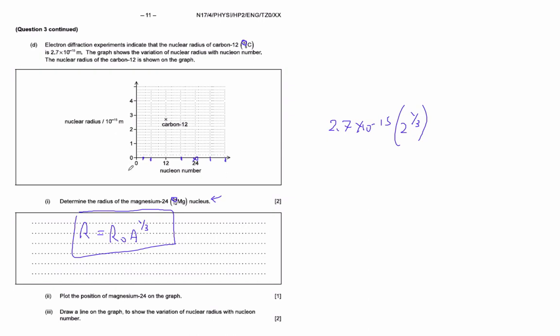What's interesting to me is that the graph they give you on the mark scheme is just plain wrong. Plus they make it go to 0. I don't get it. The smallest nuclear radius would be 1.2 times 10 to the minus 15. And beyond that, it's not a nucleus. But anyway, they make it go through 0, which I think is just stupid.